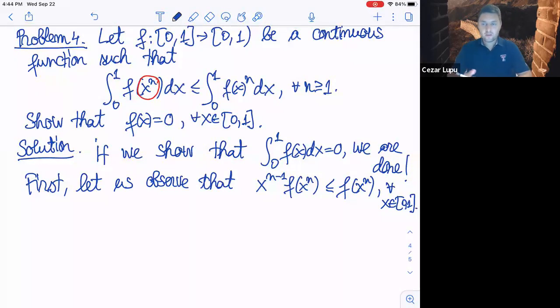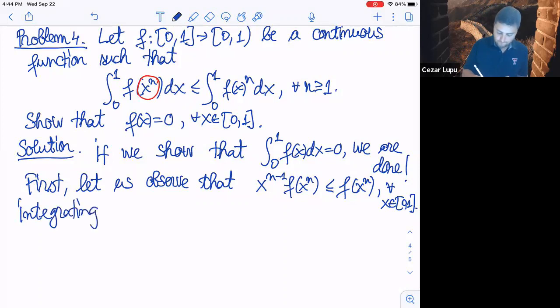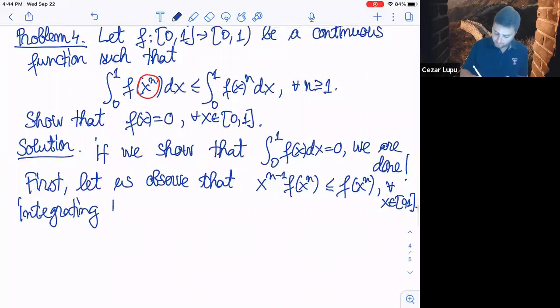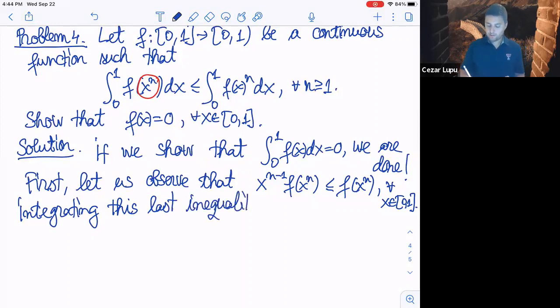So that's the one thing that we should state as obvious, right? And now integrating this inequality, this last inequality, let's see, what do we obtain?